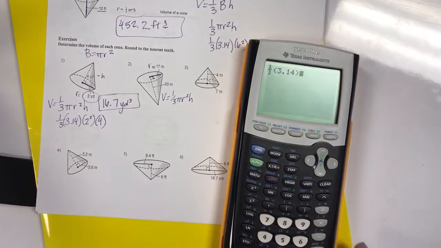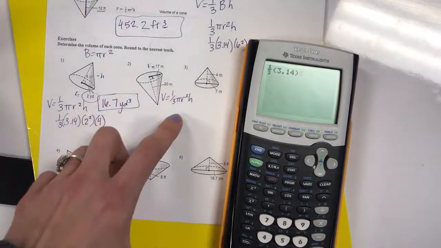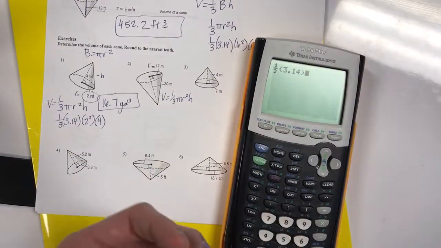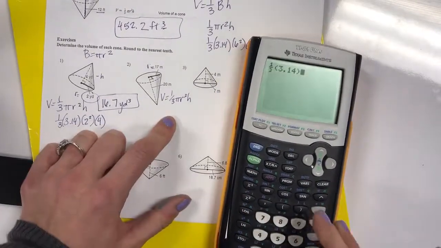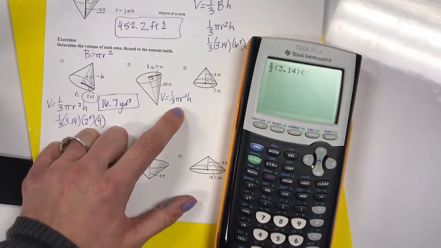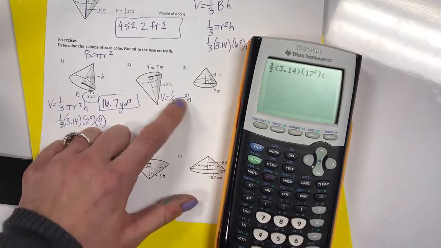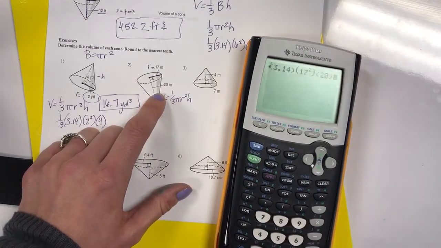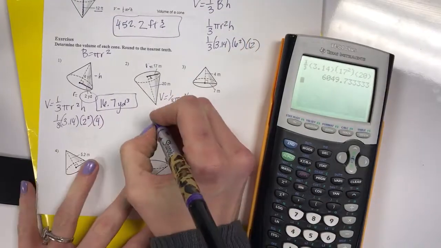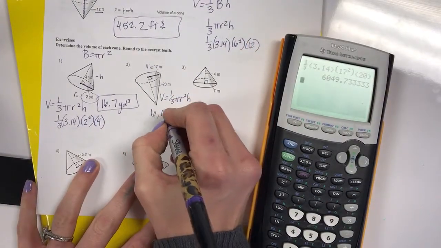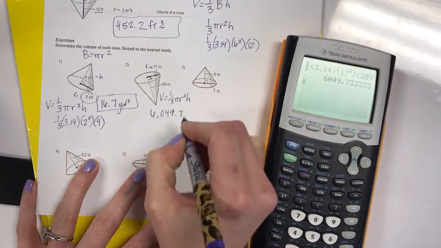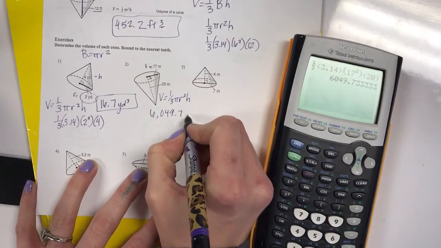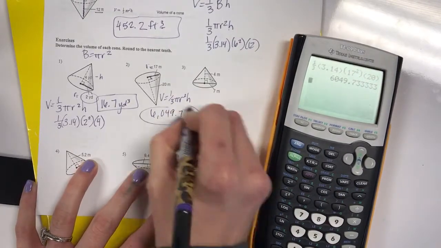You can also use the pi button. Just using 3.14 shortens it, so you don't have such a huge long decimal. Then the radius, 17 squared, times the height, 20. So we get 6,049.7 meters cubed.